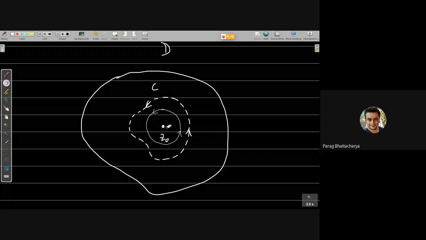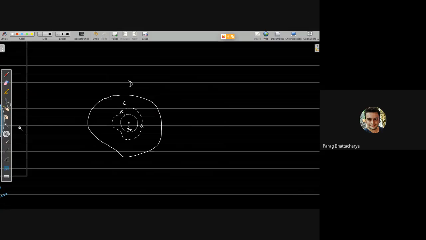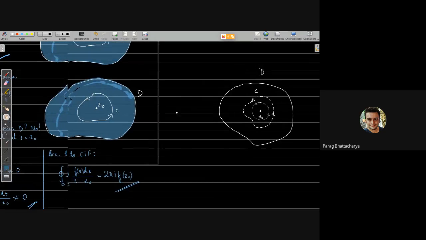This is allowed because the only discontinuity of f(z) divided by z minus z naught is at z naught. As long as the path does not cross z naught, I could keep on deforming it the way I want, and I can as well just make it a circle. The integral over this path and the integral over this circle is going to be exactly the same, from the principle of deformation.